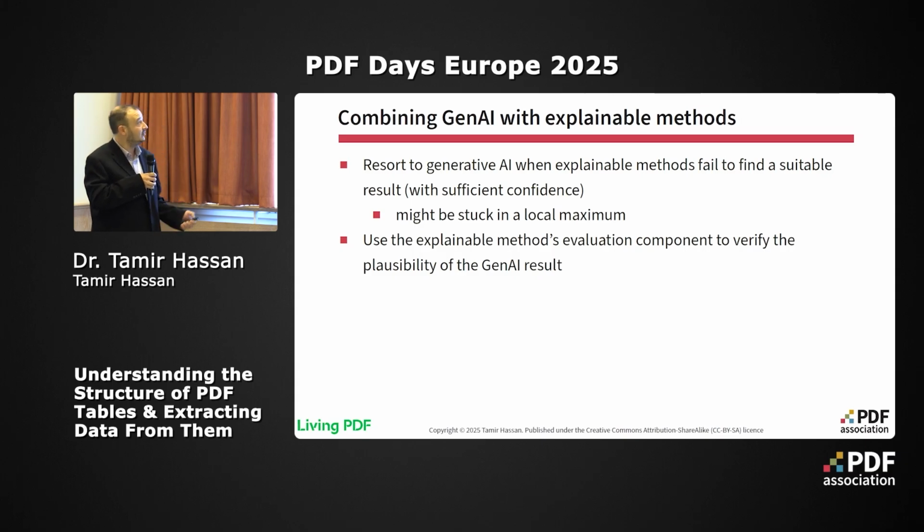And if it fails, we can then ask generative AI, which might give a different solution, but we don't know if it's correct. Or alternatively, we might work in the other direction and use the evaluation strategy that we've written to try and verify whether the generative AI result is correct or not.